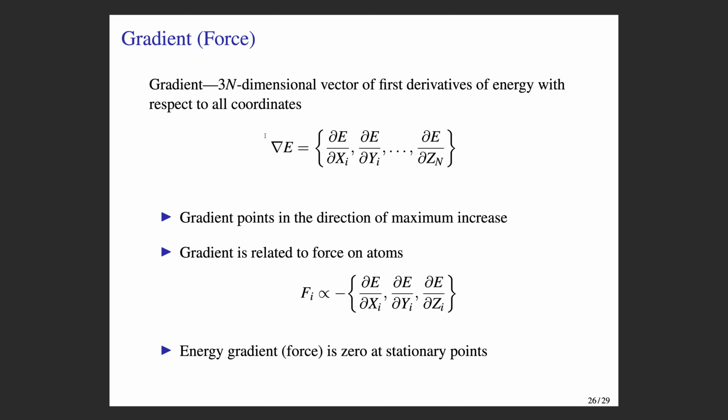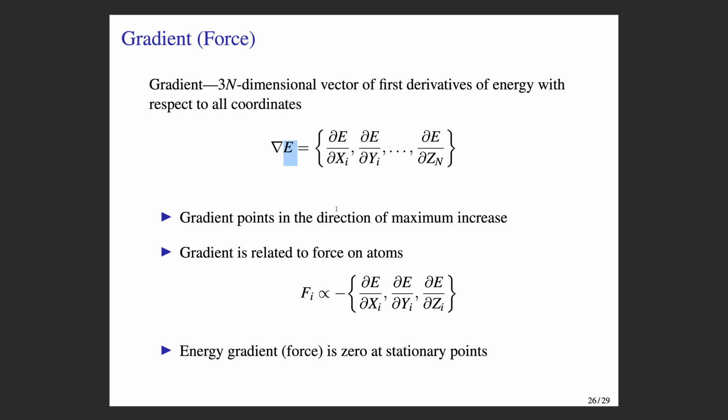The physical interpretation of the gradient is that it's a vector that points in the direction at which the energy increases maximally. Okay, so at a given point in space, it points in the direction of maximum increase. And so if you're trying to minimize the energy, you would essentially want to walk away from the gradient.